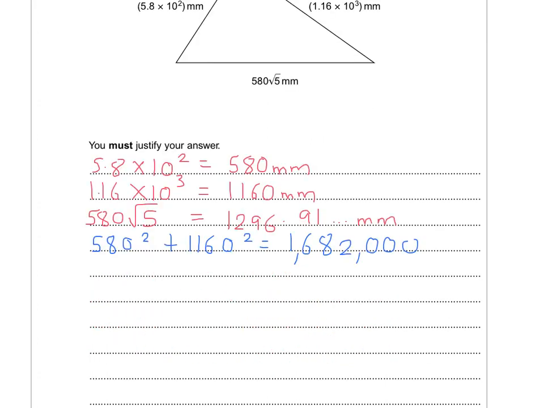If we then take 580 root 5 and square it, we get 1,682,000.